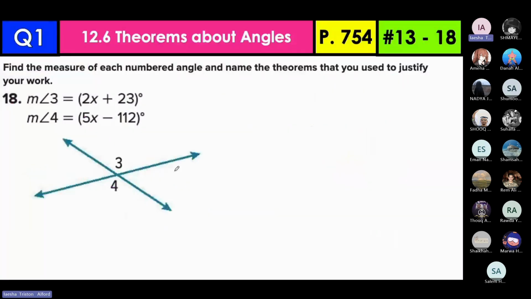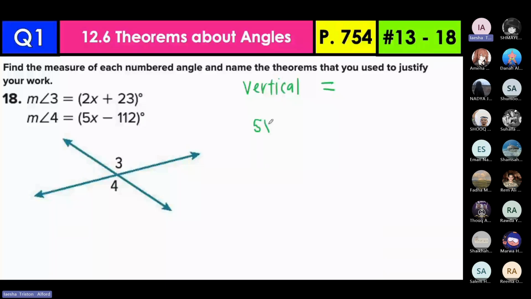This number 18, 3 and 4 have a name: vertical. Meaning they're equal to each other. Vertical angles should be equal.